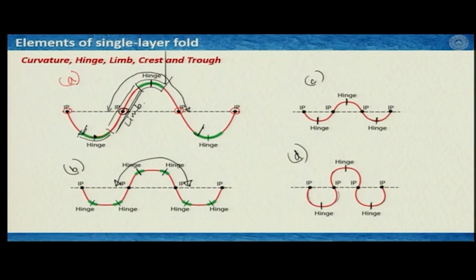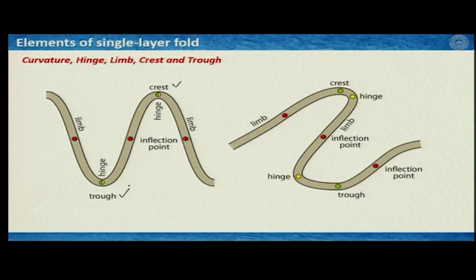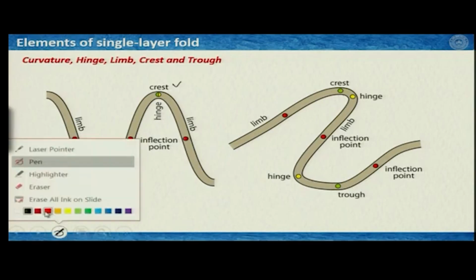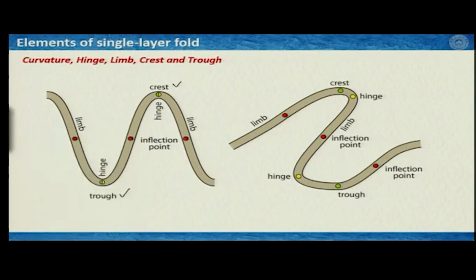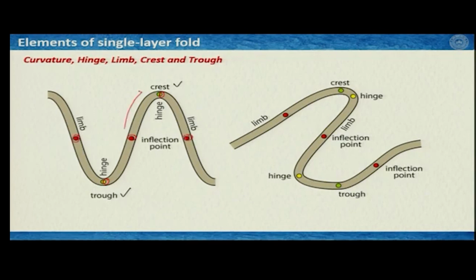Let us have a look at the same similar illustration in a different way. As you can see here, we have also defined the crest and trough, but before that let us quickly summarize what we have learned. Hinge is where we have maximum curvature, here and here. Inflection points are these 3 points that separate the convex side from the concave side of this folded structure.